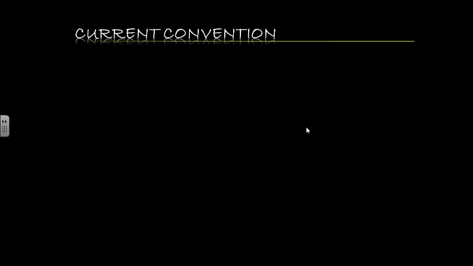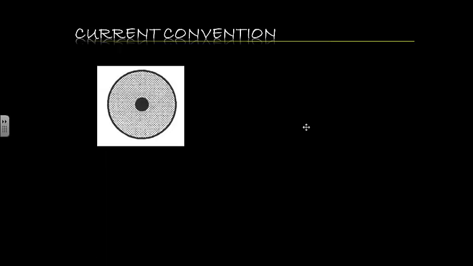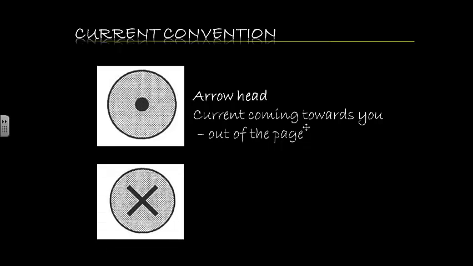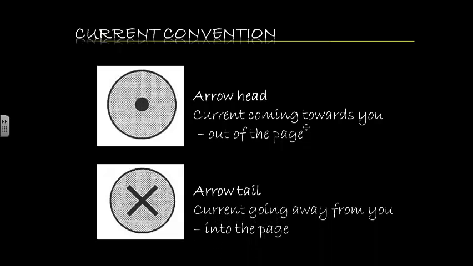So now we need some convention. I've called it current convention here, but we actually use it for other things as well. You need to recognize that a dot means we're going to use it to depict something coming out of the page. An X, we're going to use that as a tail.